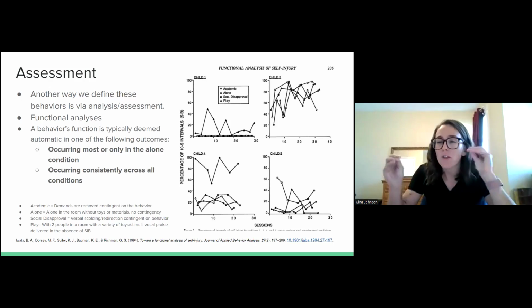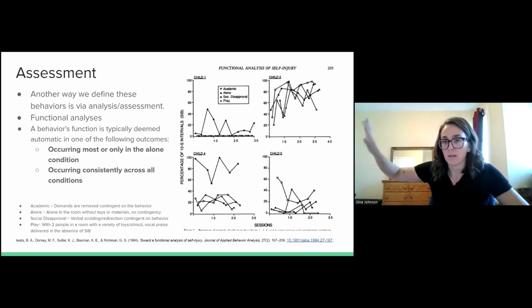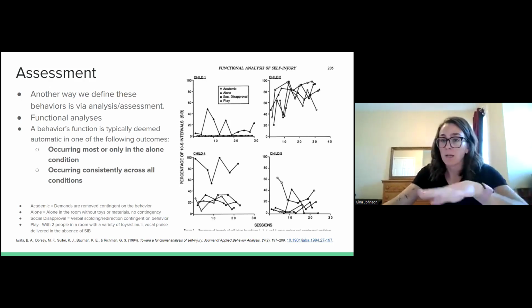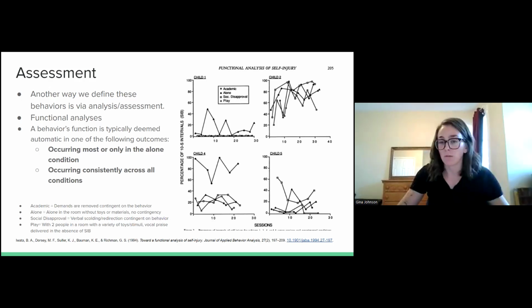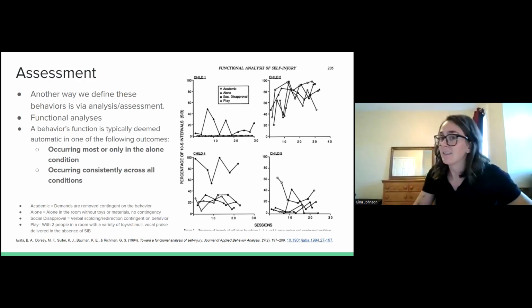The other relevant thing to note here is with the alone condition and the across all conditions scenarios. In the alone condition, typically this is a state of reinforcer deprivation. In this experiment, the kid is in a room alone with no reinforcers and no people. So when you hear the words enriched environment, most of you have heard that, this is the opposite of that.